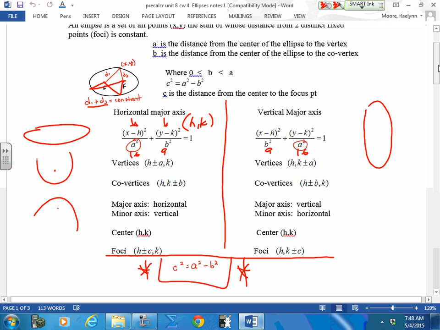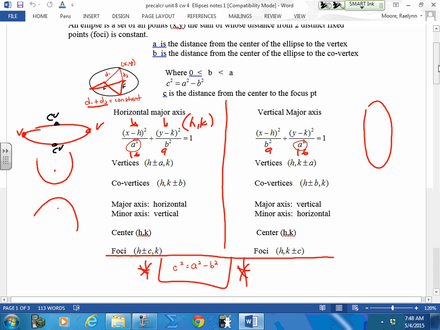So we're going to find your center, we're going to find your major axis, we're going to find your minor axis. Your endpoints that sit on the major axis are called the vertices. Your points that sit on a minor axis are called the co-vertices. We have to find those points in order to graph your ellipse. We sketch. I shouldn't say graph, we sketch.